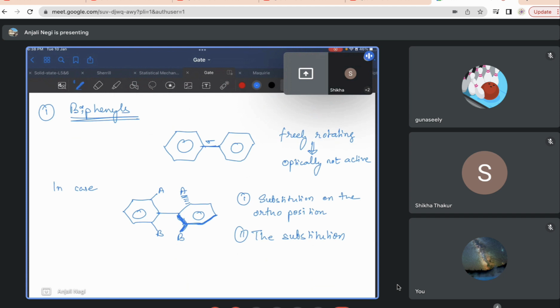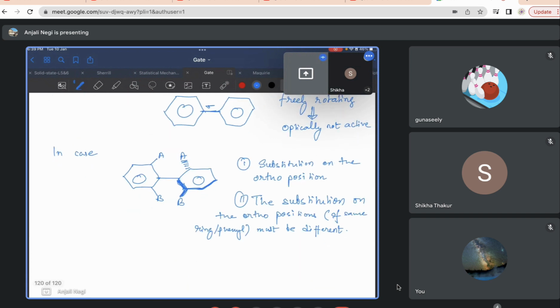So hence I am writing down the point that the substitution on the ortho positions of the same ring I am talking about must be different. Okay, yes, so this is there.